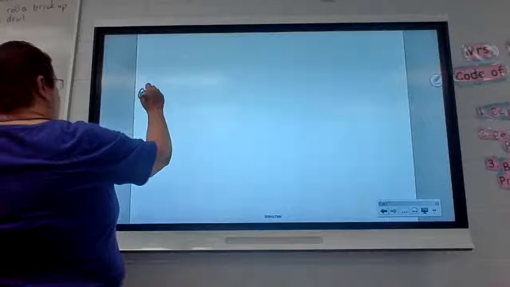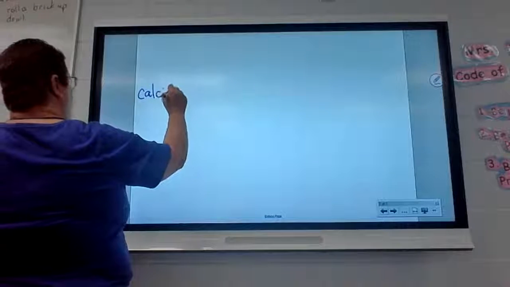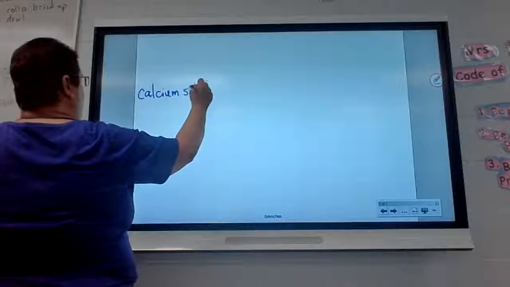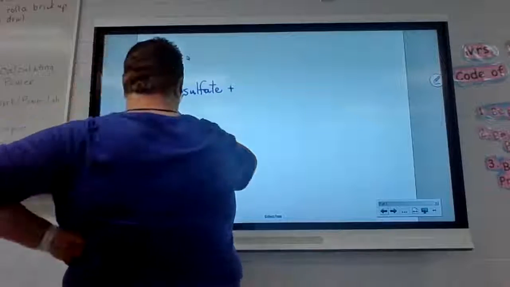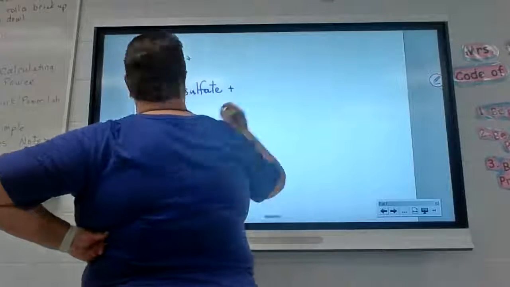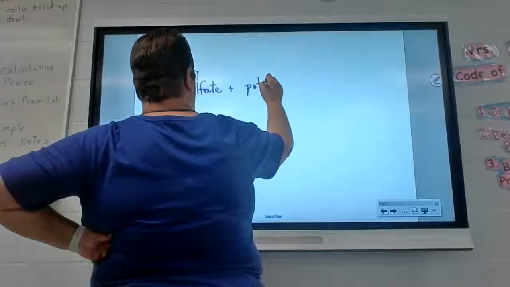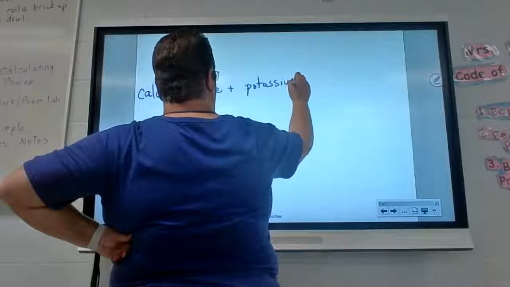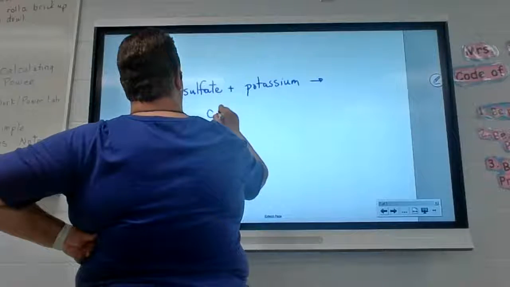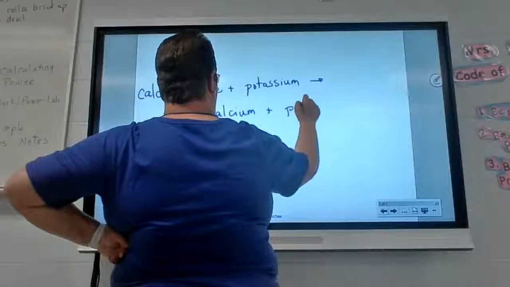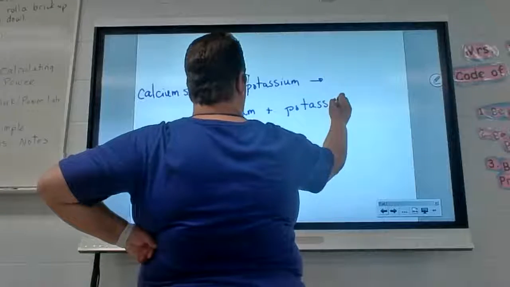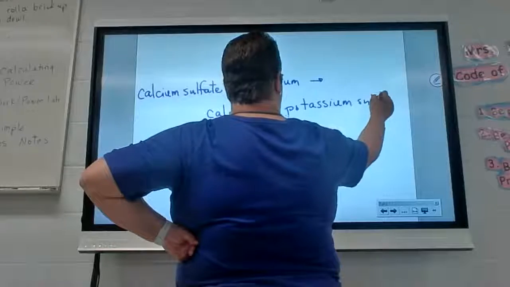Let's say that we have calcium sulfate plus, I don't know, potassium. Becomes calcium plus potassium sulfate. That's a nice, easy one.